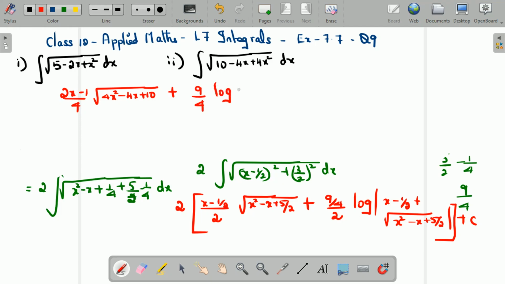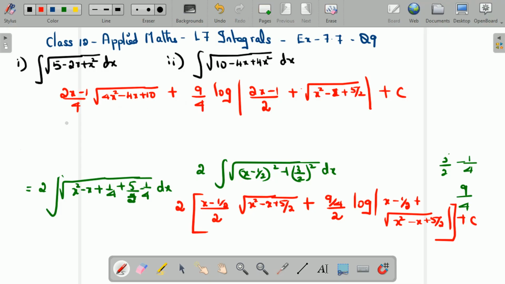Now log of, here I am going to take an LCM, so there is a 2x minus 1 by 2 plus root of x squared minus x plus 5 by 2 plus c. Now I'm going to take an LCM, which means I have to do a cross multiplication here. So when I do a cross multiplication, the multiplication factor will be 2 outside the root, or if I bring it inside the root, it has to be multiplied by 4.